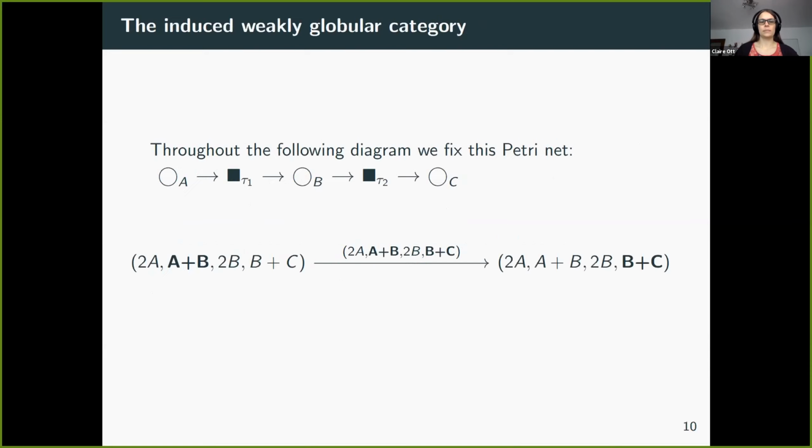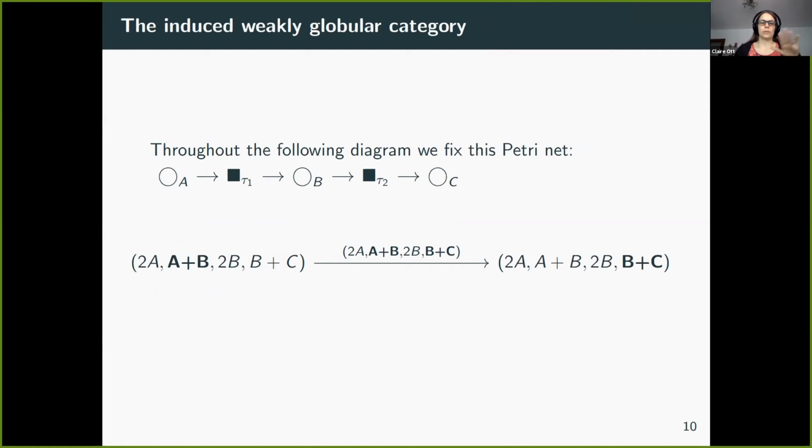For the morphisms in our double category, we look at the horizontal morphisms. All the morphisms only occur between objects which have the same underlying Petri net. So for this example, we leave the Petri net fixed and don't include it in the diagram because it just gets messy, but we have the same fixed Petri net in all these objects.